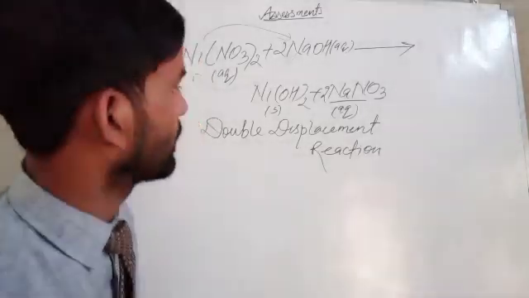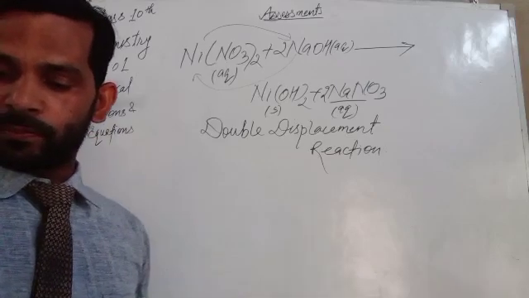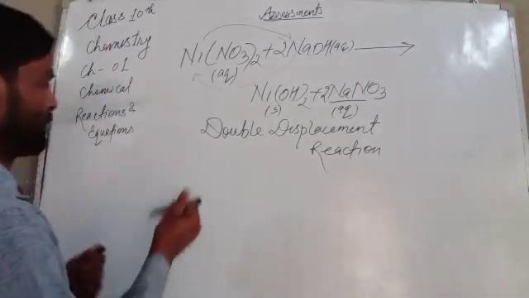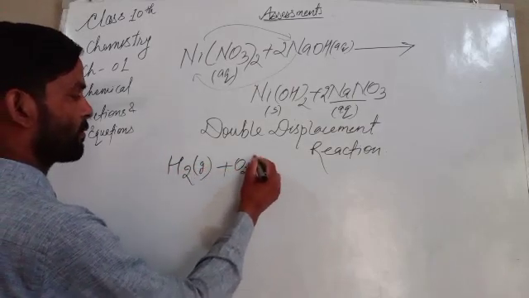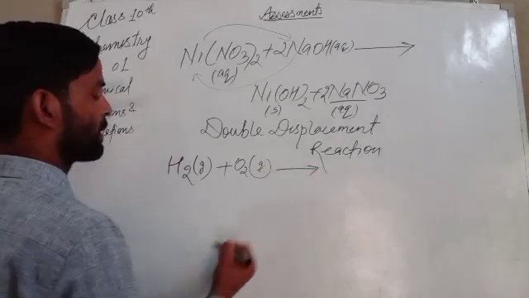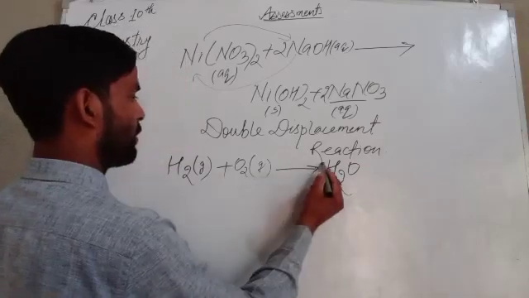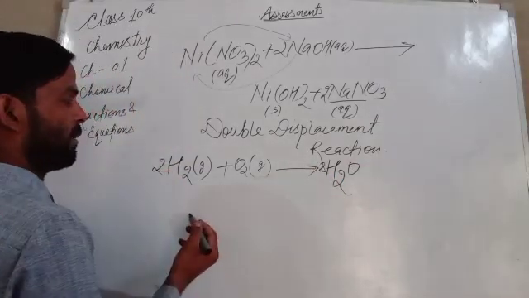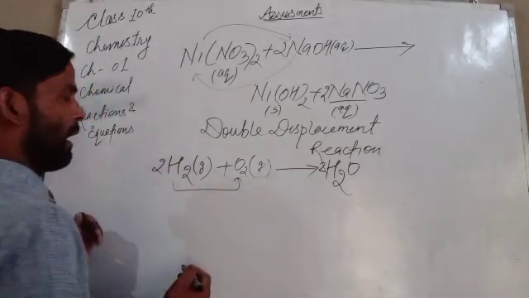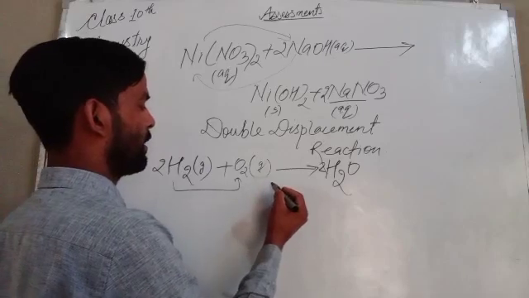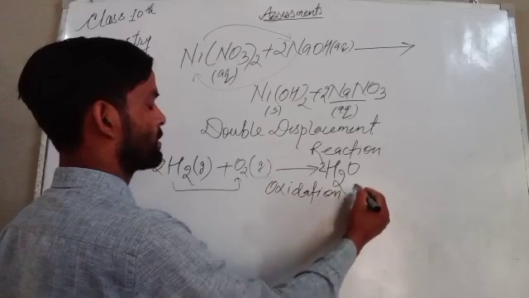So in the first case, when the hydrogen gas burns in the presence of oxygen, it will form a water molecule. That means oxygen reacted with hydrogen, and this is a type of oxidation reaction.